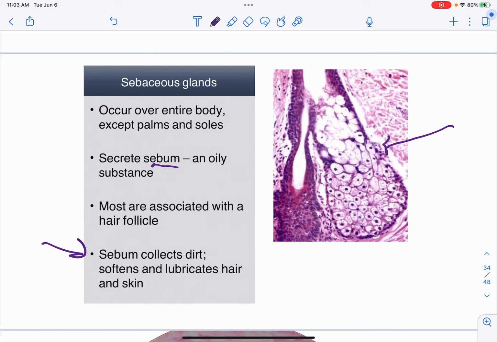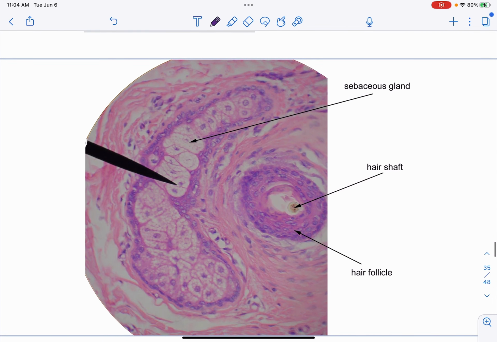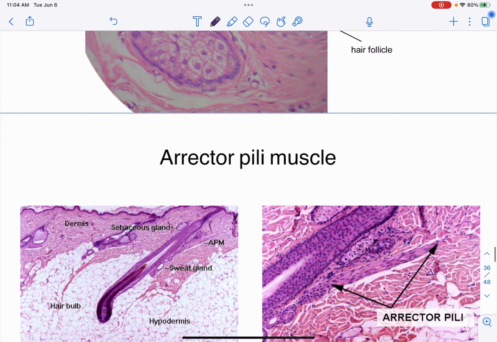Again, the only place you do not have hair is on the palms of your hands and the soles of your feet. This is another nice cross-section image of hair, which is showing you the follicle and the hair shaft, and you can see the sebaceous gland located right next to it.